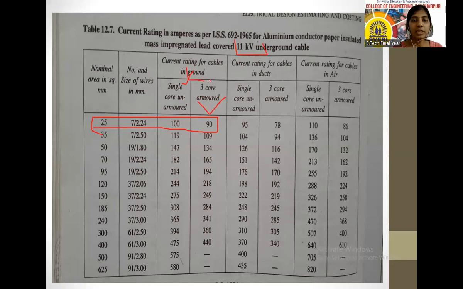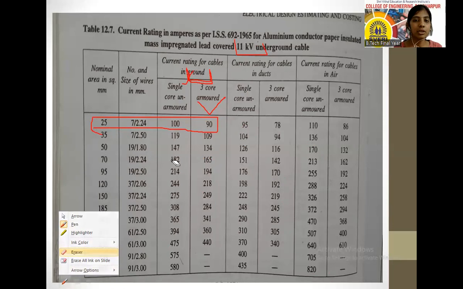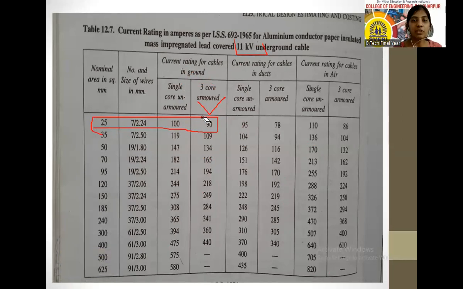And we are calculating for the underground cable. That's why just take this column. Which column are you selecting? The current rating for cables in the ground, that means for underground and 3-core armored cable. So for that reason, we can consider size of the conductor up to 25 square mm.